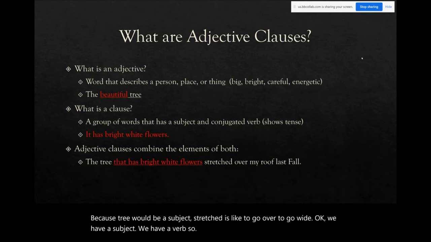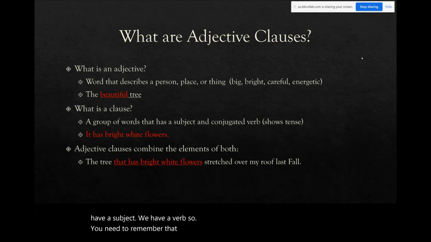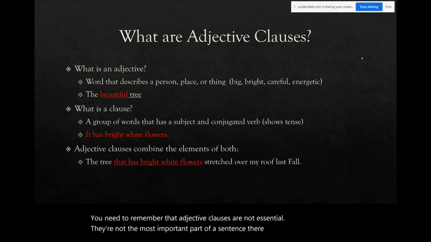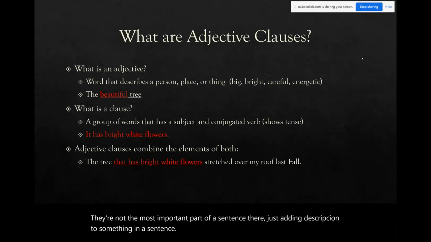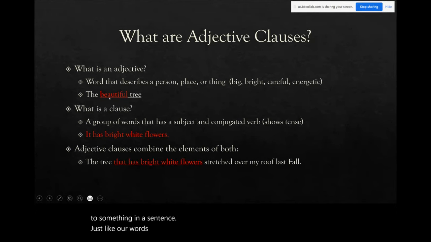So you need to remember that adjective clauses are not essential. They're not the most important part of a sentence. They're just adding description to something in a sentence. Just like our adjective words also add some description to a noun that's in a sentence, okay?